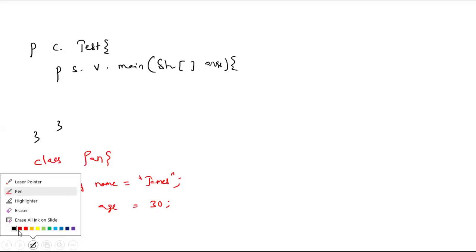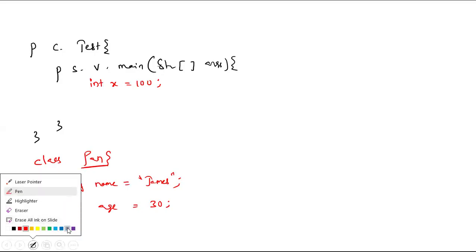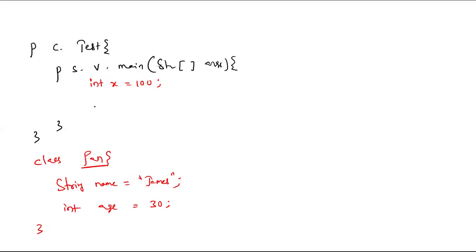If we have a variable directly inside this main method, for example int x equals 100, and then we create the object for this Pan class, can you tell me how to create the object? Class name, object reference name, assignment operator, new keyword, then again class name, parenthesis, semicolon.